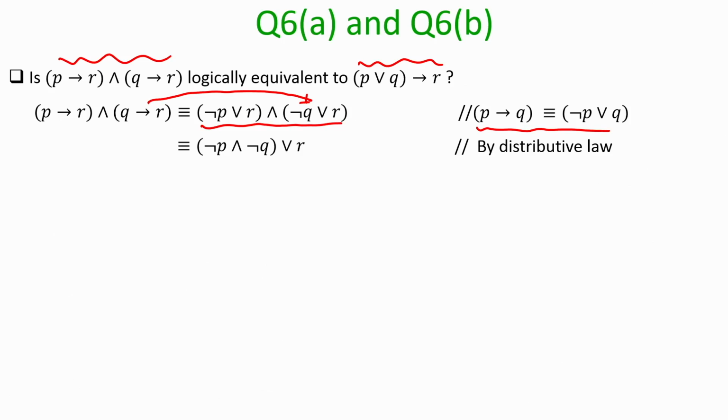I can bring it into this form, because if indeed I apply the distributive law, the disjunction goes inside and R also goes once with negation P and once with negation Q.